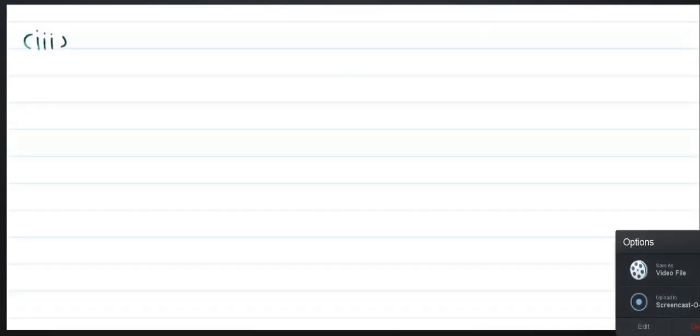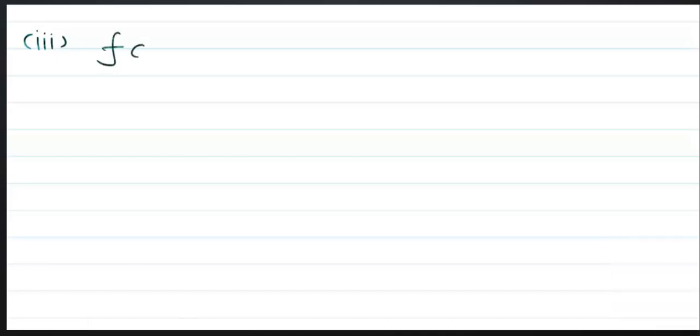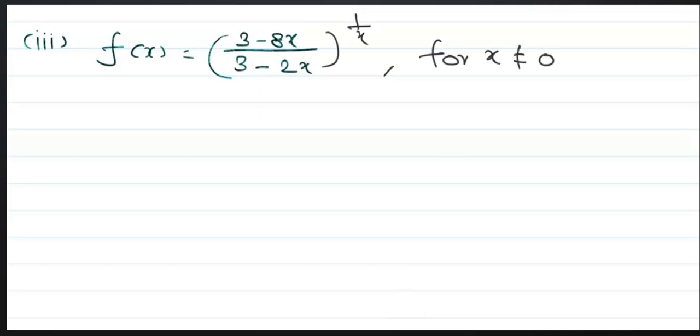Third is, now third problem. F of x is equals to (3 minus 8x upon 3 minus 2x) bracket raised to 1 upon x for x is not equals to 0.